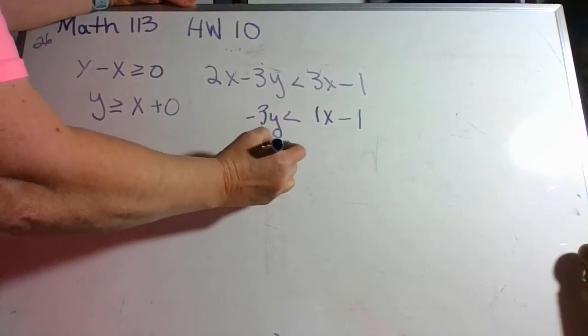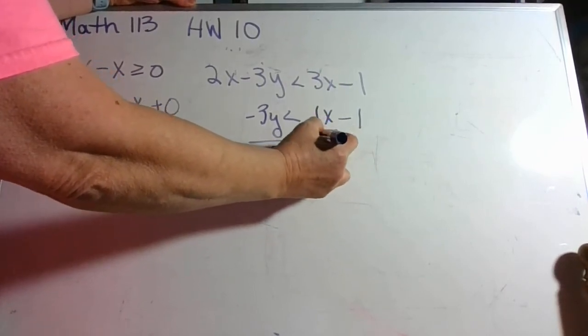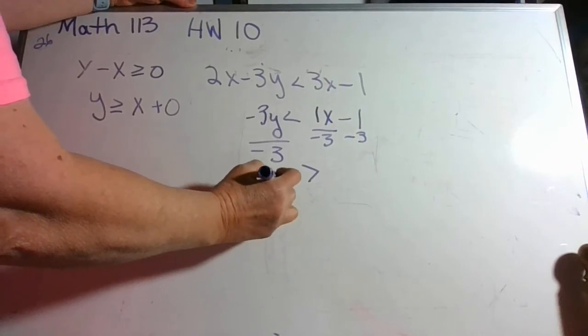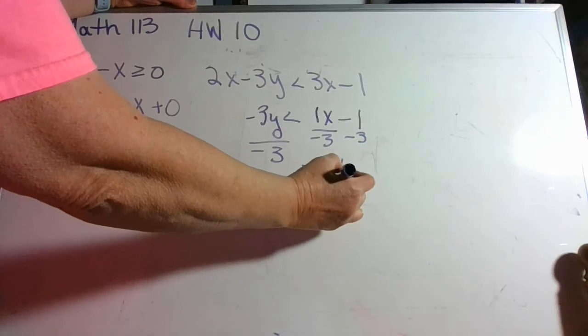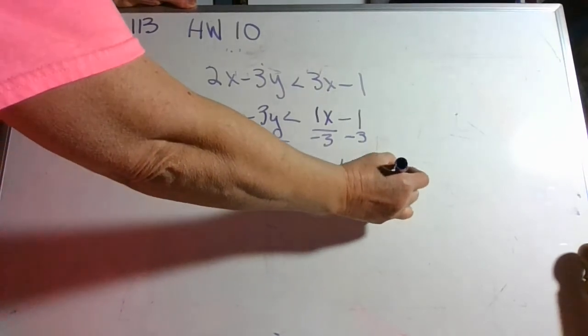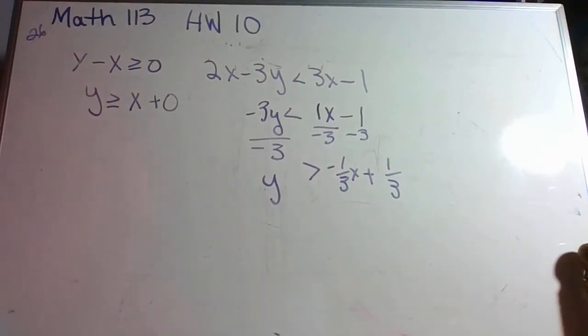So I'm going to have to divide by negative 3. Boom, turn that around. Negative 3 and negative 3. So I'm going to have y is greater than negative 1/3 x plus 1/3. Yeah, those are going to be pesky little fractions, but they won't be too bad. So let's graph this now.